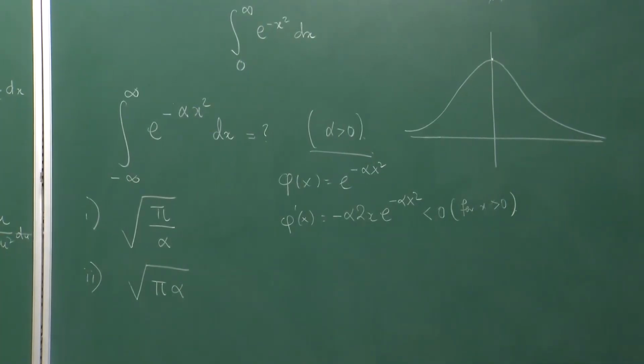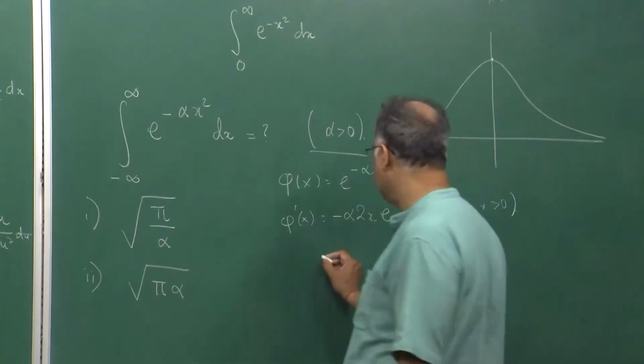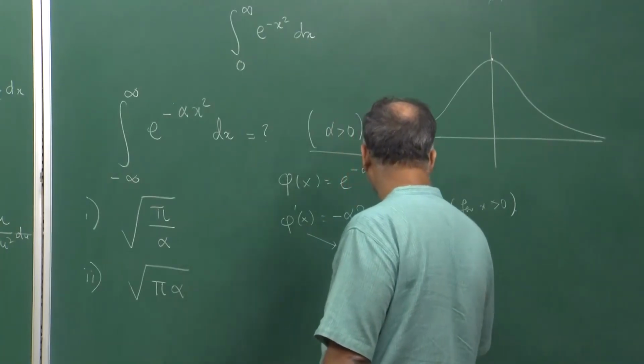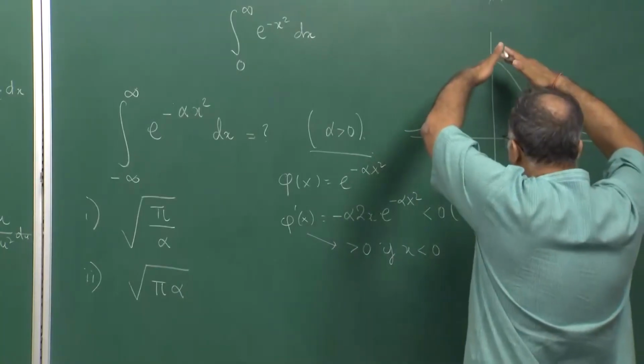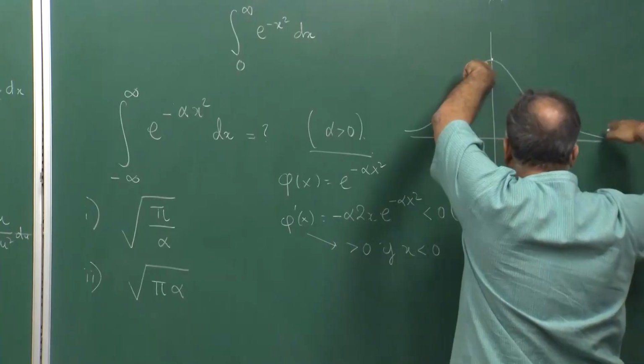Similarly, when x is negative, phi dash x is positive if x is strictly less than 0. So it is natural that starting from the point 0, this graph would fall down.